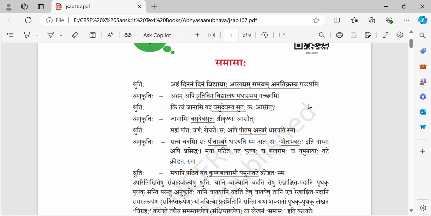Deva plus Alayam, Devalayam. Rama plus Alayam, Ramalayam. Arunasya Udayaha, Arunodayaha. But in Sandhi, Aruna plus Udaya, Arunodaya. That is Guna Sandhi.